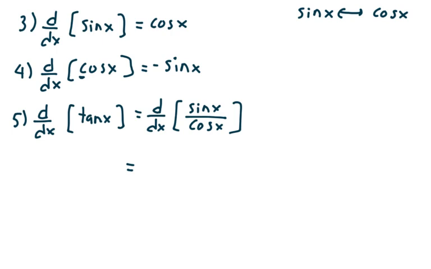So the bottom function is cosine x. The derivative of the top function is cosine x minus sine of x, right? That's the top function. The derivative of the bottom function is negative sine x, right?